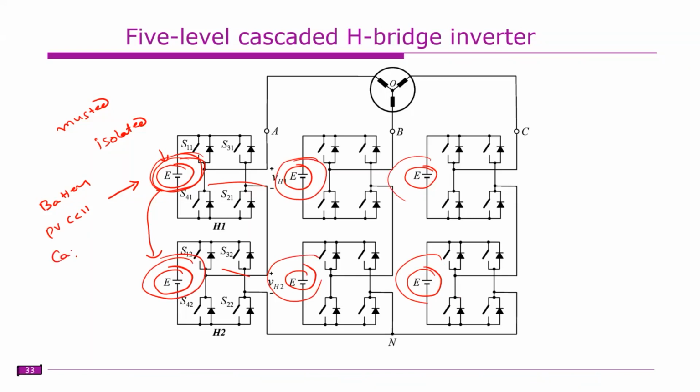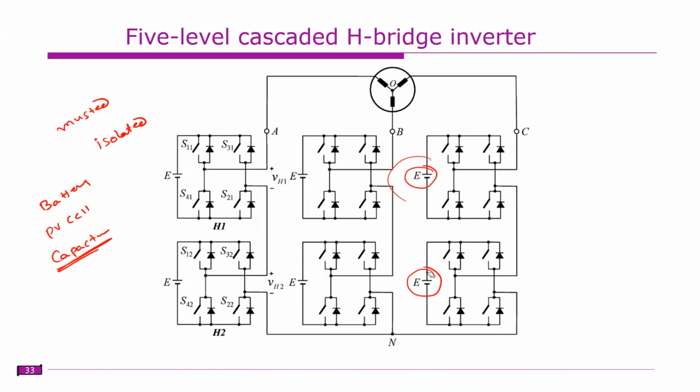Or it may be capacitors or ultra capacitors, which are pre-charged, or we maintain the voltage across that capacitor by some other means. So these DC sources must be isolated. How we will obtain these isolated DC sources, we will discuss at a later point in this course.